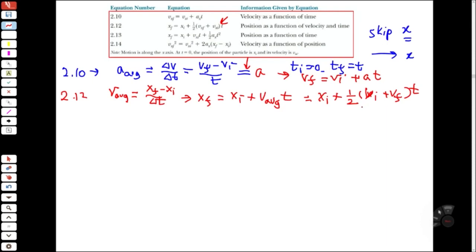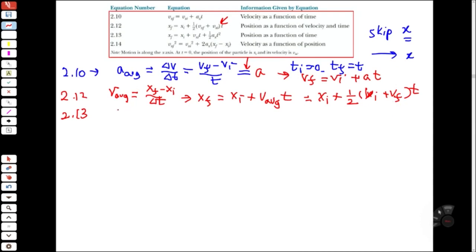Okay. Now 2.13 comes from this expression here. I'm going to substitute this expression into here and see what happens.